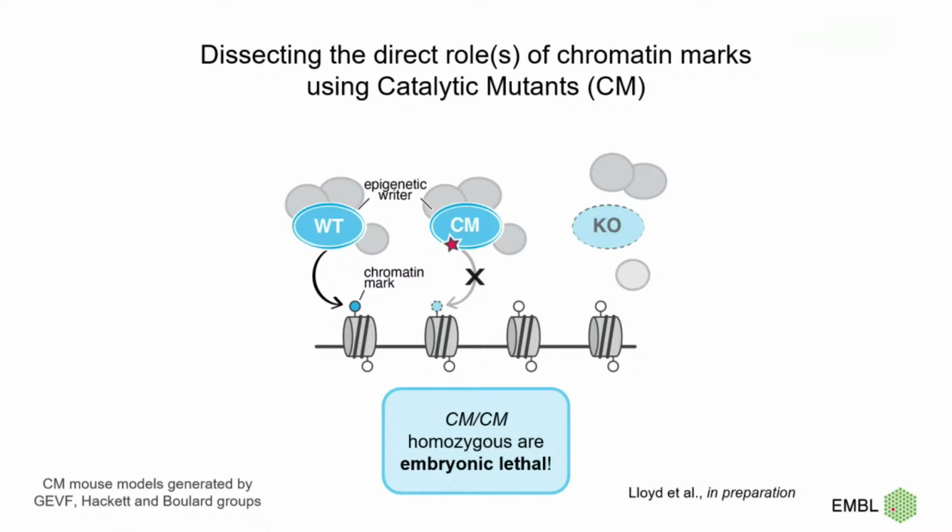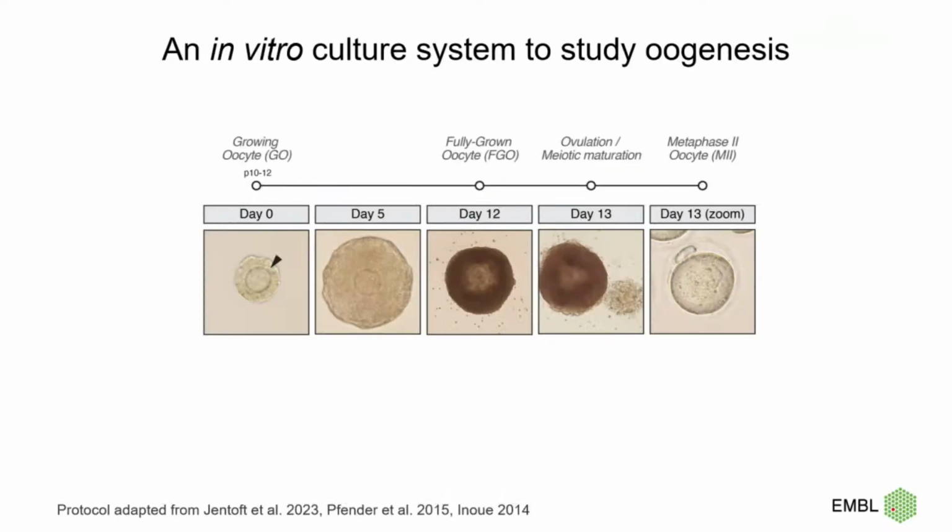Therefore, we can't just isolate homozygous oocytes and profile them. So we had to devise a strategy to conditionally induce this mutation in the oocyte. And to do that, I'm making use of an in vitro culture system that recapitulates oocyte growth, so we can culture growing oocytes and lead them all the way to fully grown oocytes and then metaphase II, developmentally competent oocytes.